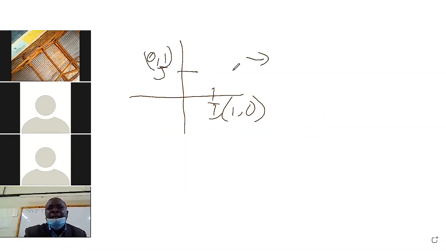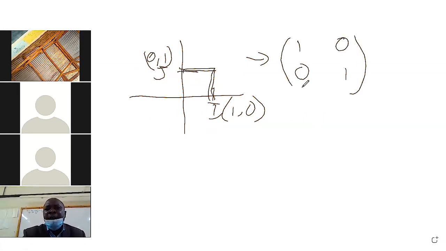So you use the identity matrix, which is 1, 0, 0, 1, whereby 1, 0 is for I, and 0, 1 is for J. So if, for example, it is a rotation of 90 degrees clockwise, then you just check where I goes. It is 90 degrees clockwise, so we are going to move in that direction, 90 degrees.